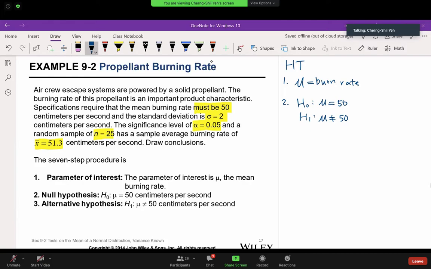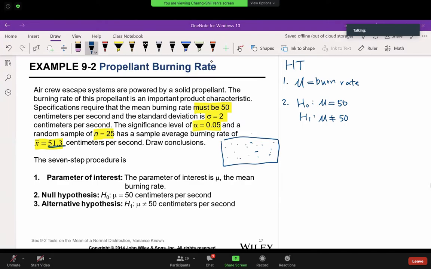Now, a lot of students will come back and ask me, my sample already tells me it is 51.3. It is not 50. Why do we still need to perform the hypothesis testing? Okay, so I want you to understand this problem from a population perspective. So here is my population. I have a lot of samples over here, right?